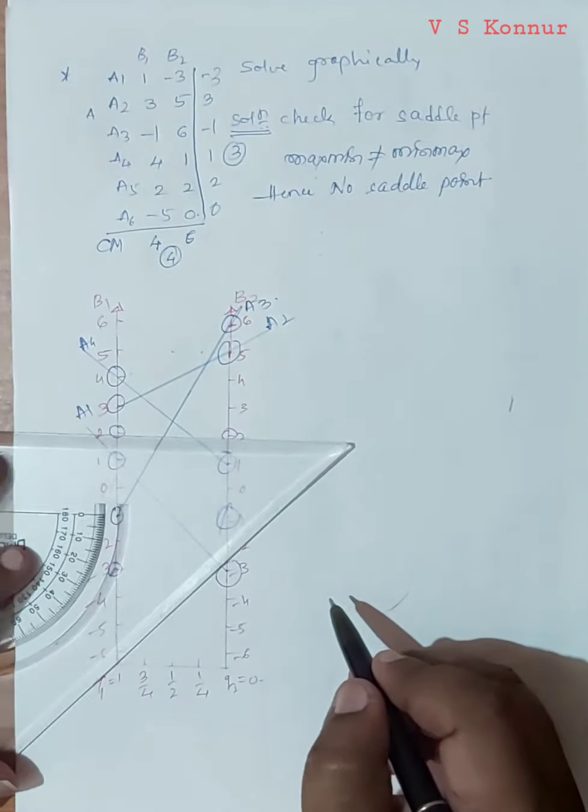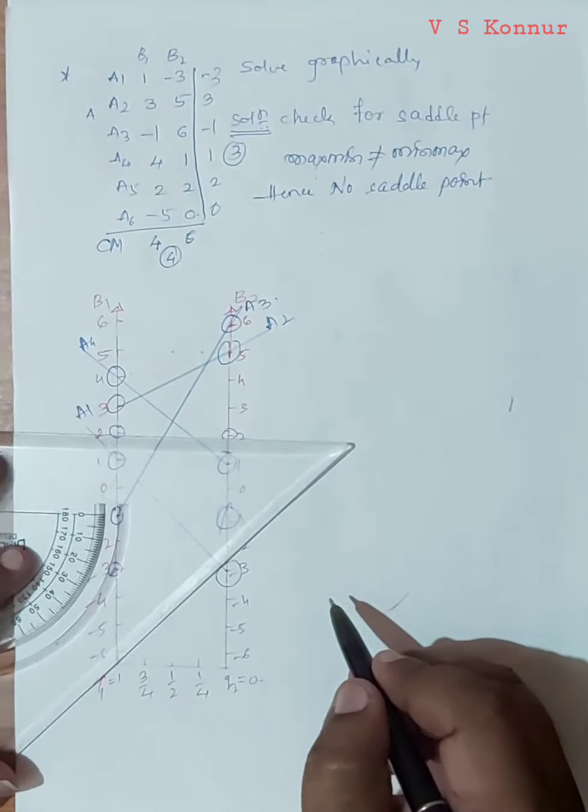Now find the value of the game. (AD minus BC) divided by (A plus D minus B plus C). AD is nothing but 1 into 3, 3. BC is nothing but 5 into 4, 20. Divided by 4 minus 9, which is minus 5.